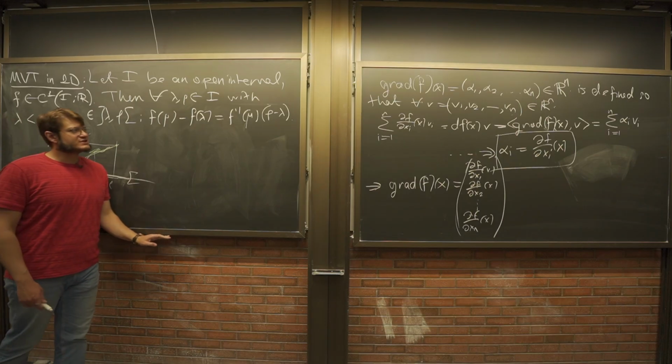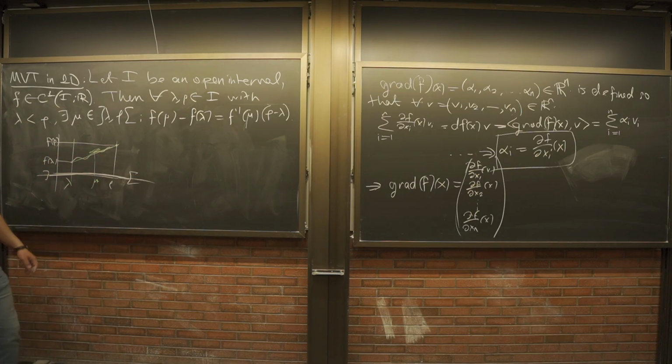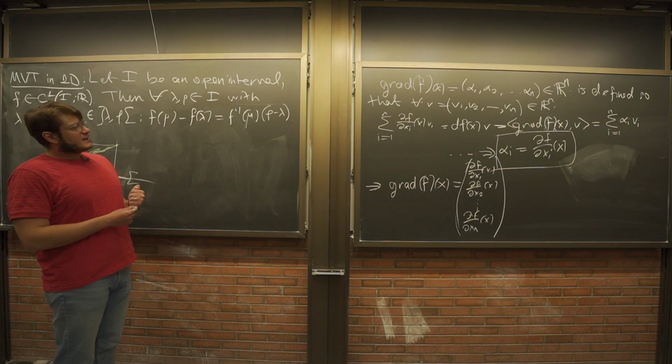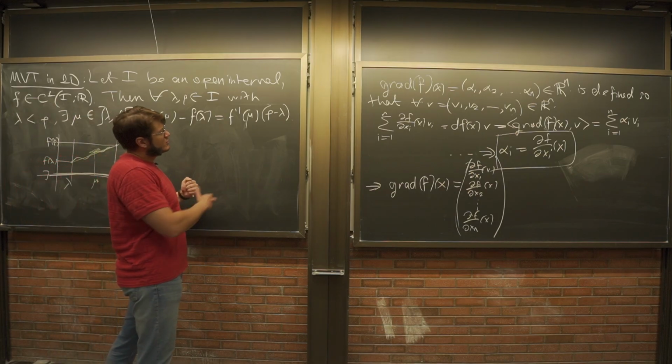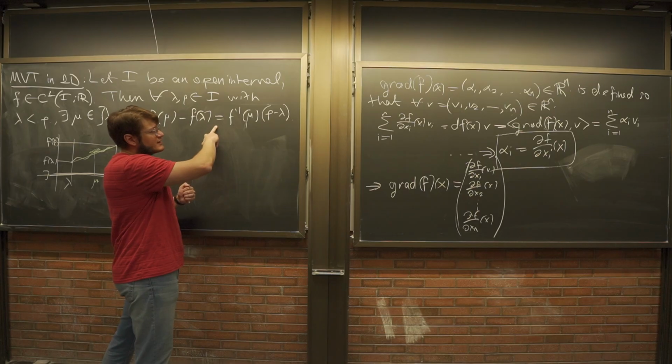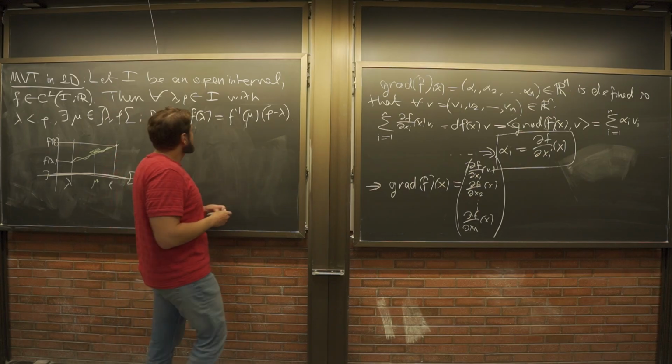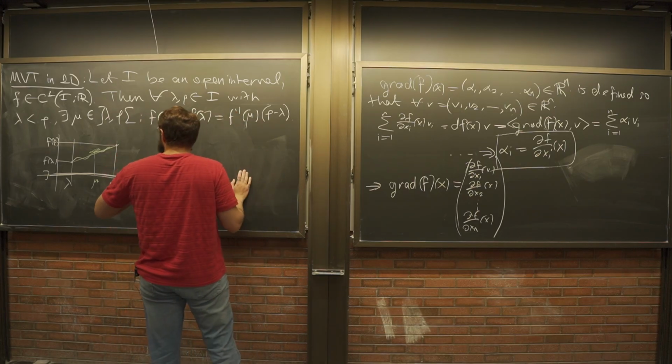So in higher dimensions, this is not the format that we're going to use. And in fact, in most situations too, even in 1 dimension, you're not using an equality, but rather something slightly weaker.